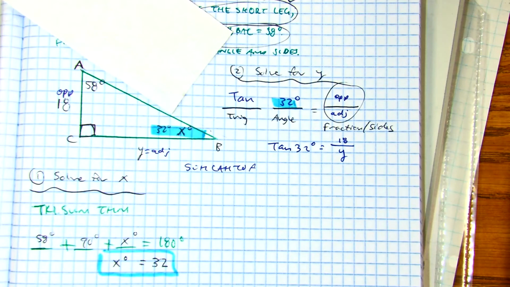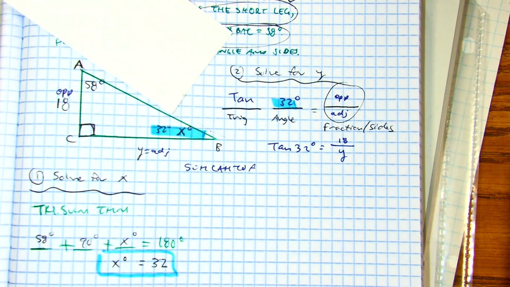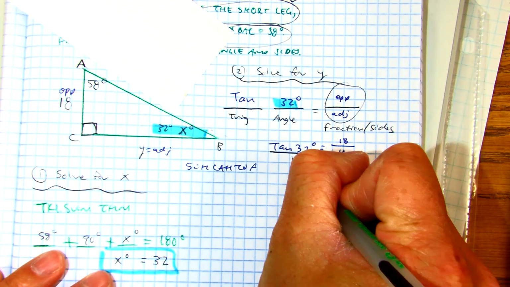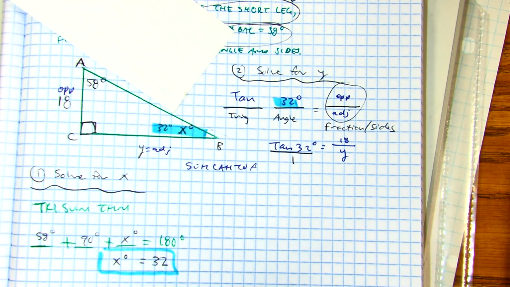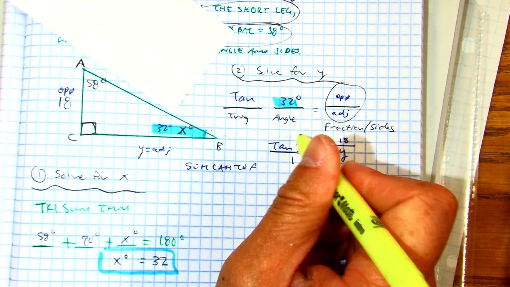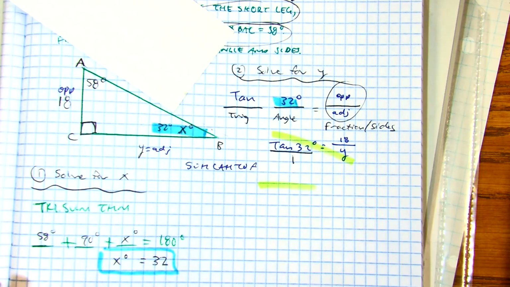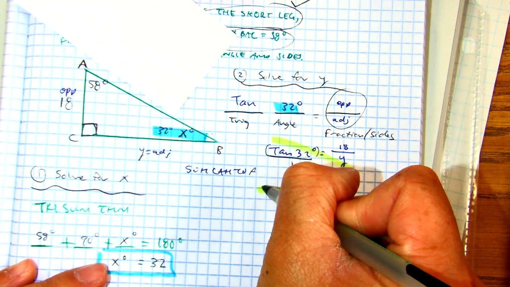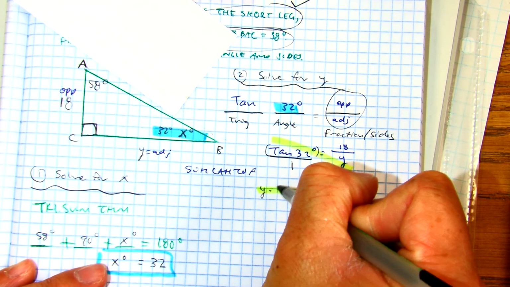Partner A, tell partner B how do you solve for proportions. Class, you have to cross multiply. So if you get stuck here, remember this is a parentheses, Y times tangent of 32 degrees.